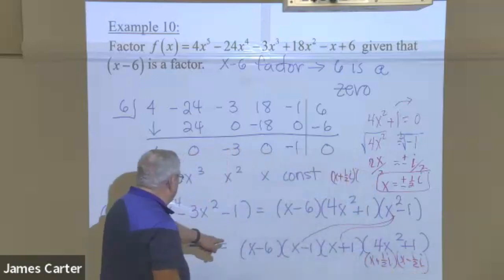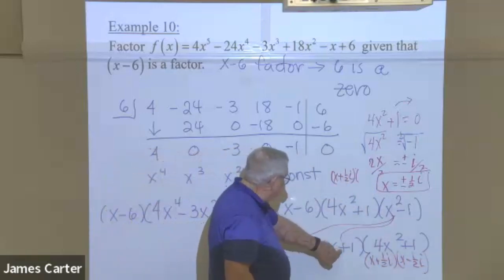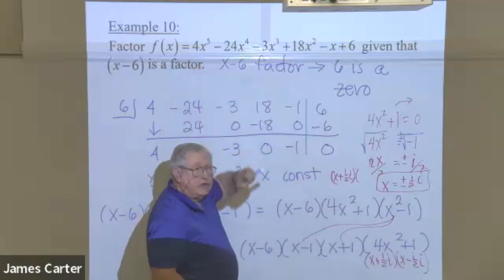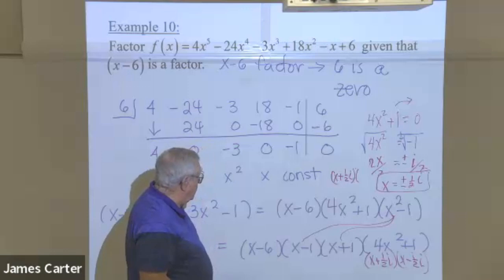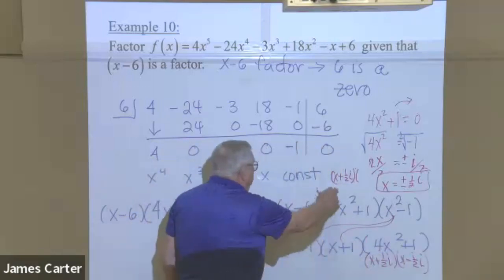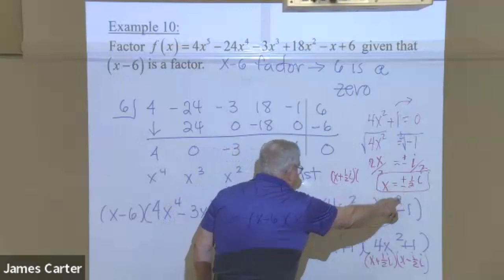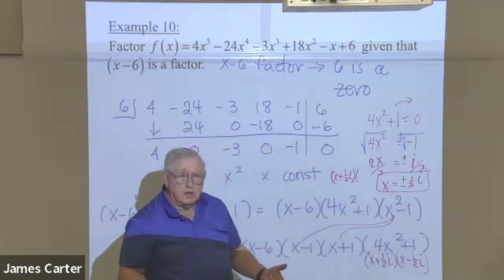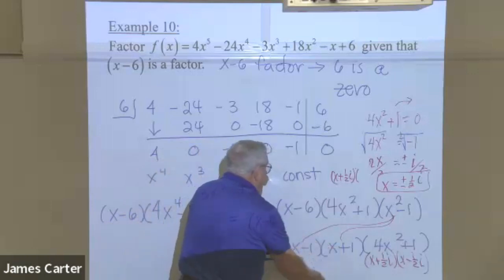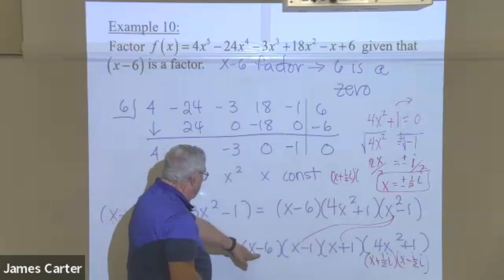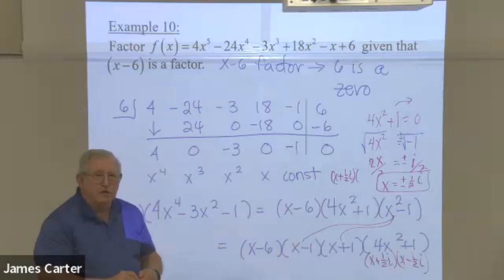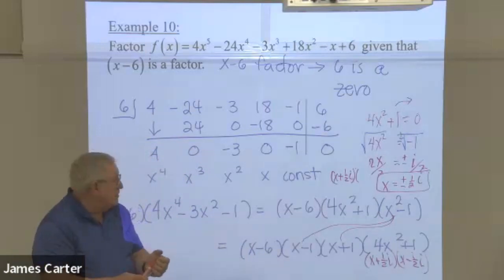So now we have 1, 2, 3, 4, 5 factors for a 5th degree equation. Okay, these two are imaginary values. Remember, they always come in conjugate pairs. These two would give me a plus or minus 1, and this one, of course, would give me a positive 6 for us to graph the equation.